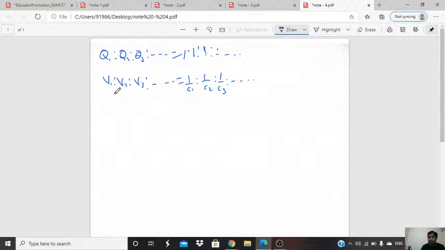Right? How to find individual potential? See, we have Q1 equal to Q2. Q is what? CV, Cs in series into V total. C1 V1 is Q1, Q2 is C2 V2. Equate these two.